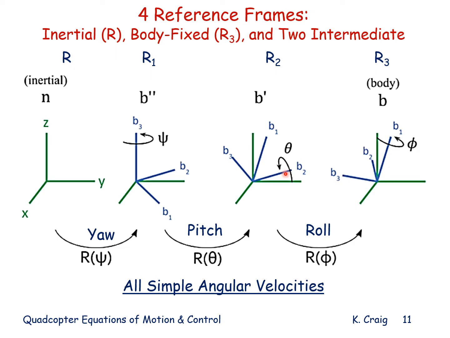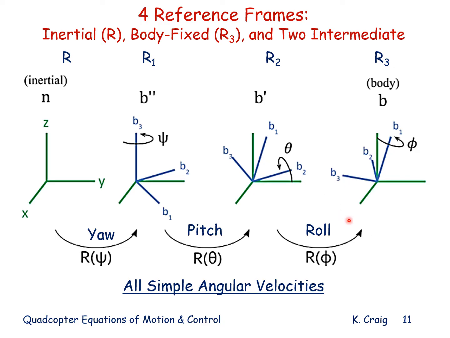And hence, the rotation from R1 to R2 about the B2 axis is also simple angular motion. And the angular velocity in the pitch angle theta is simply theta dot. So B2 in reference frame R1 and B2 in reference frame R2 stay parallel through this pitch rotation.